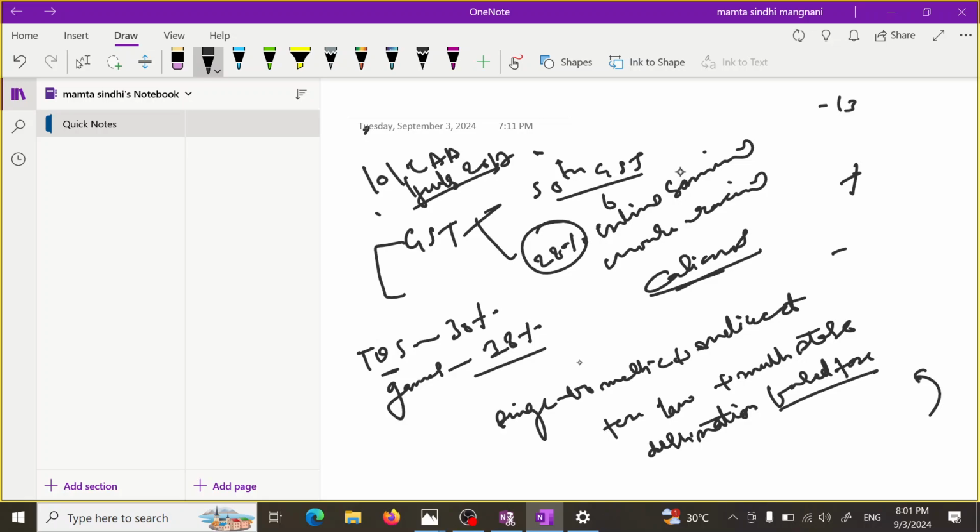So what things should you keep in mind? First of all, GST started on 1 July, with 28% for luxury and gaming items and all that. And the Kelkar Task Force was the important thing for GST.